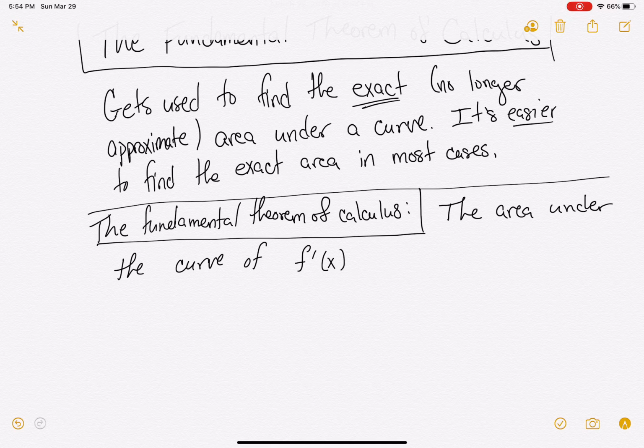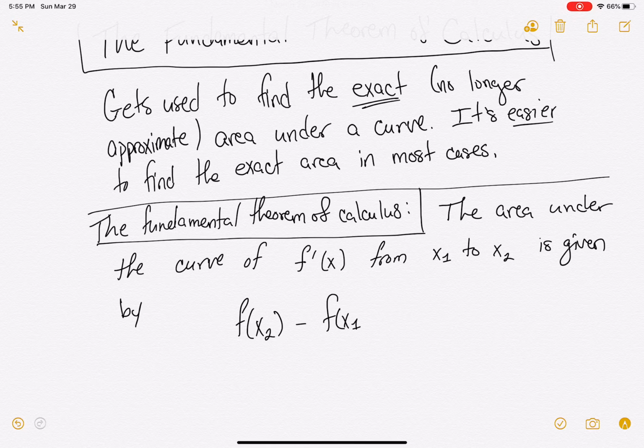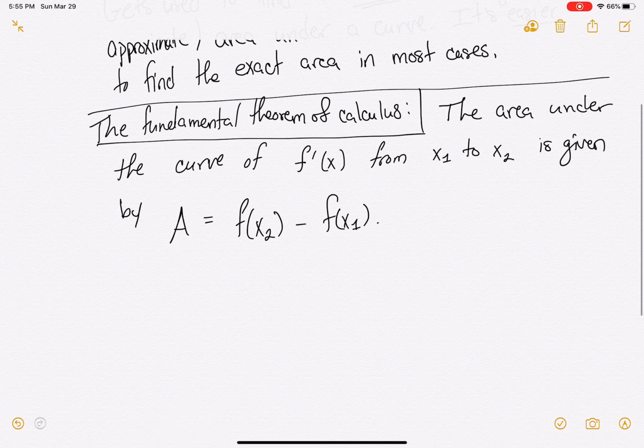That's an important part here. The area under the curve of f prime of x from x1 to x2 is given by f evaluated at x2 minus f evaluated at x1. I'll write a capital A here. This is a true equality.